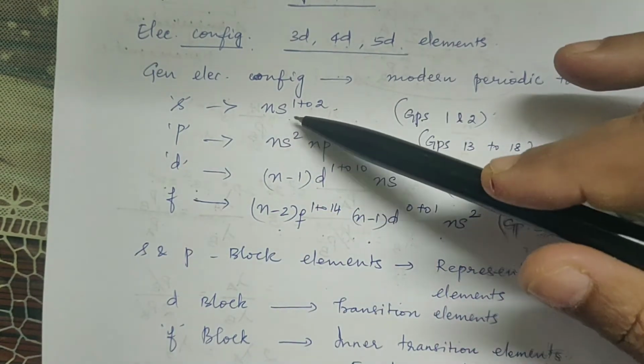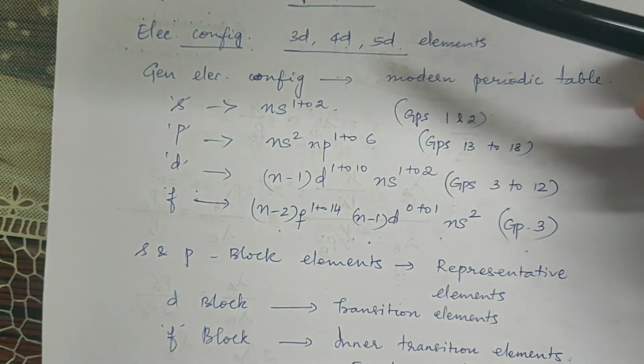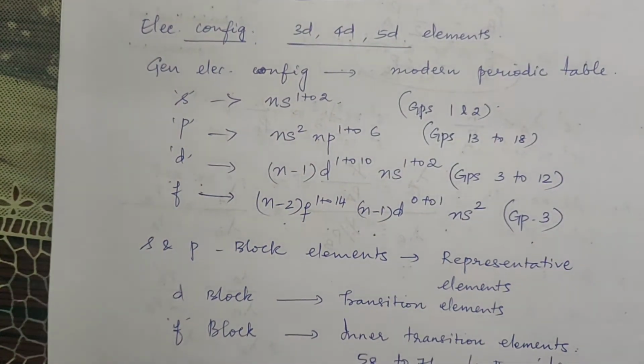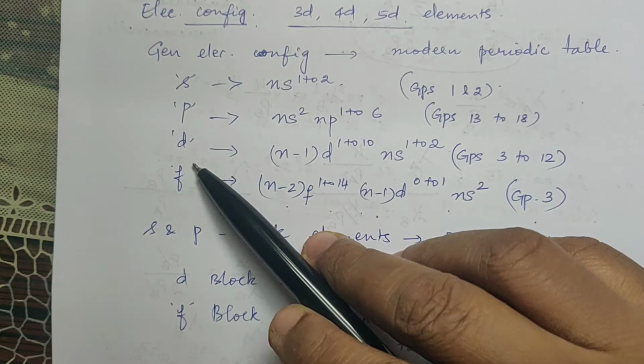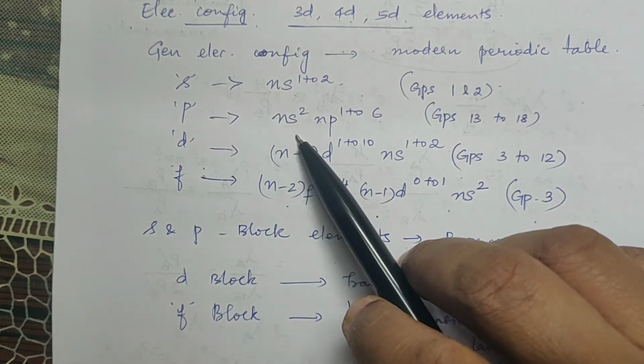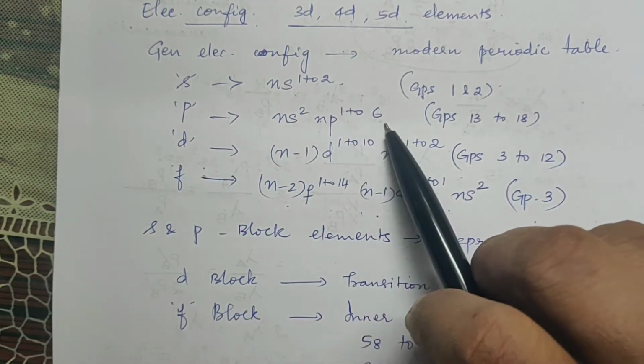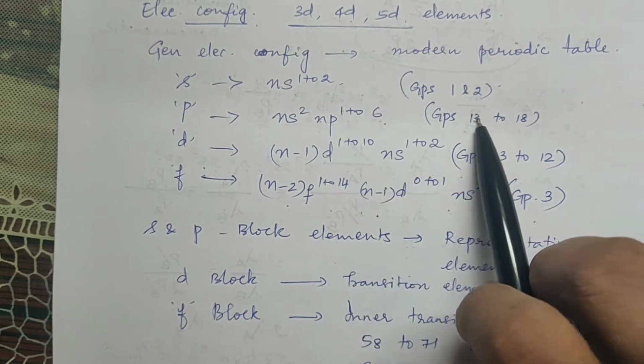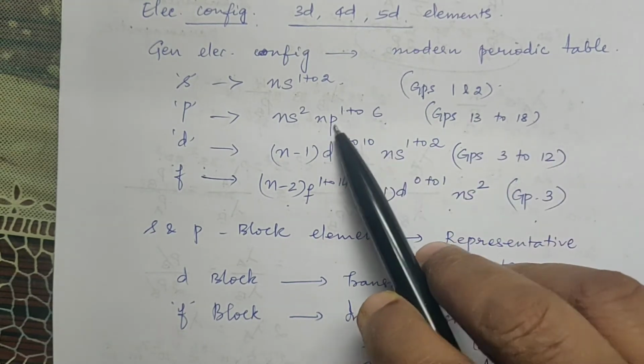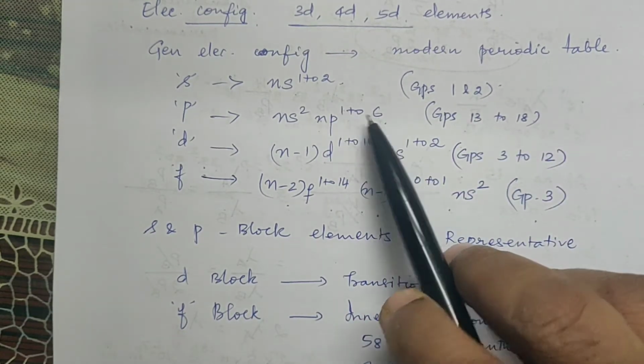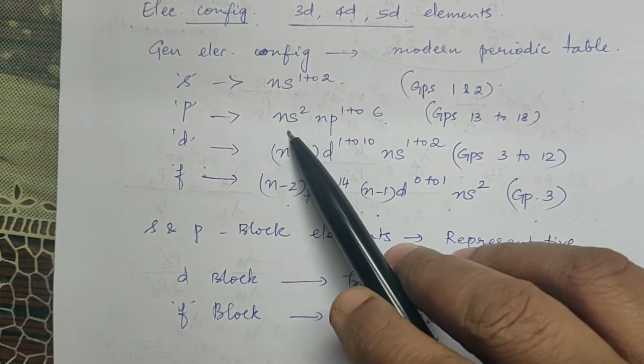First group will have NS1, second group will have NS2. Then you have P block elements, that is NS2, NP1 to 6. So from 13th to 18th group, that is NP1 to NP6. This will remain common for all.